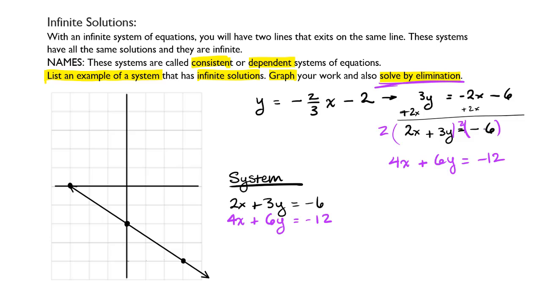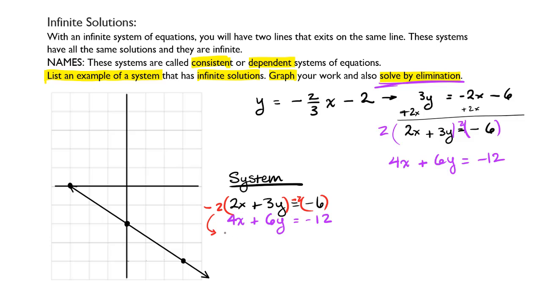That's the next question. Well, you just have to find a number that you multiply to one of the equations so that the terms are exactly the same, only opposite. So I'm going to multiply by -2 on the first one, and I should get exactly the opposite. Let's just go ahead and check.